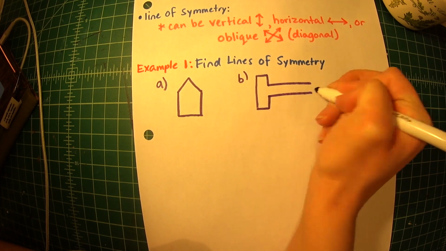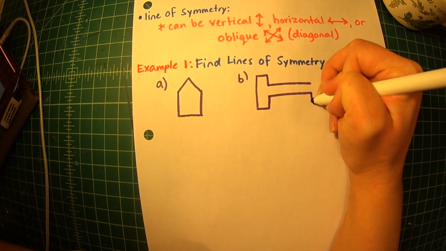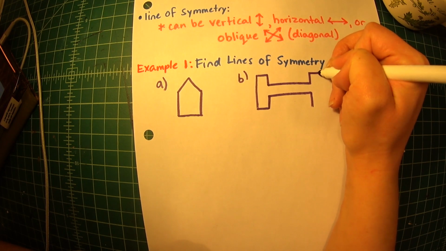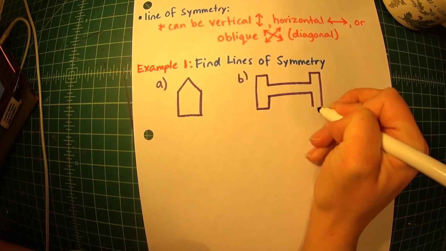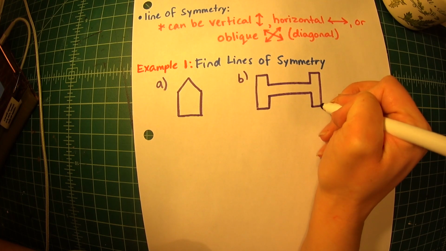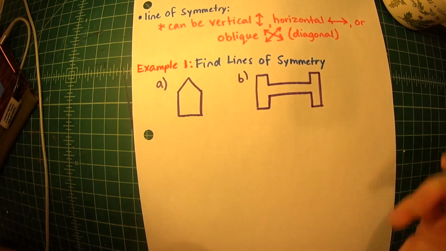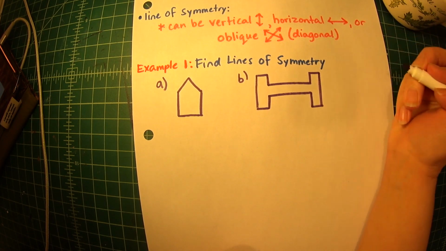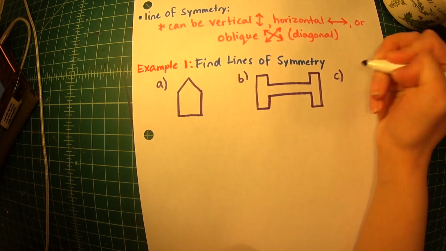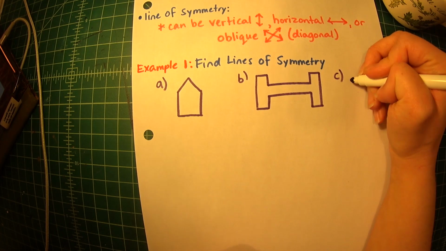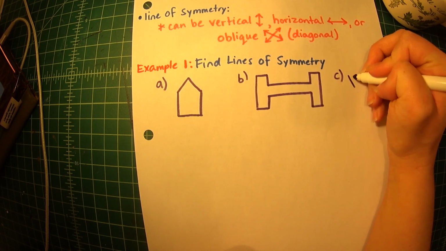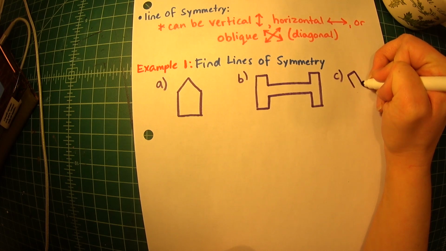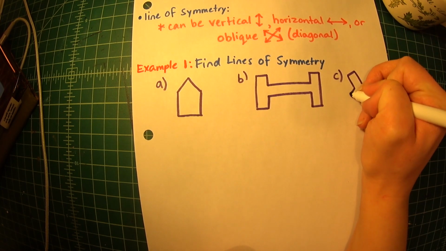I guess it's almost like a stretched out letter H. Again, just a sketch, it's not perfect. This is just to give you an idea of how lines of symmetry work. And then finally, the last one is basically like a perfect little X.